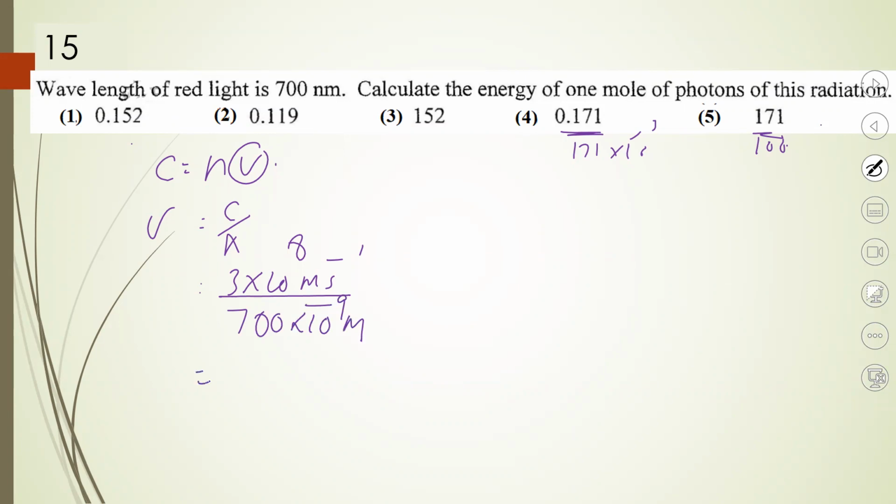So if you solve this, 3 over 700 into 10 to the power 17, meaning 70.